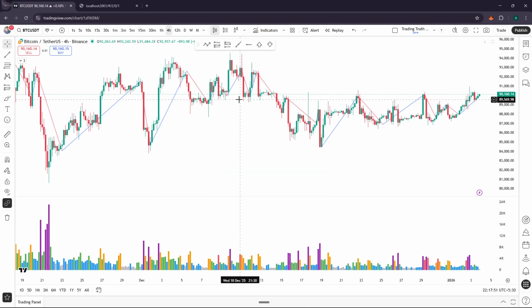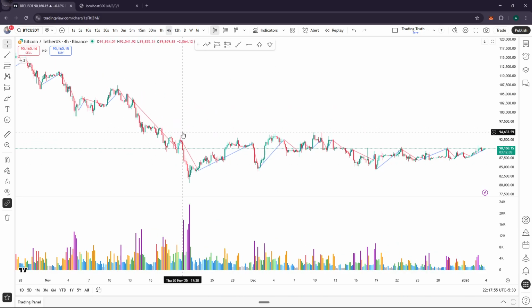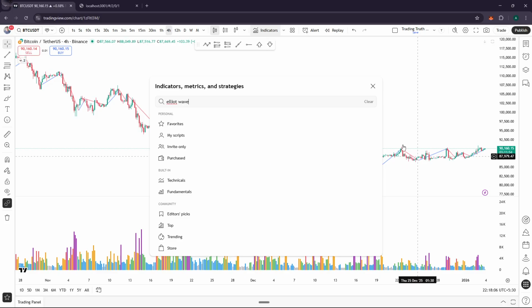For instance, on the 4 hour chart as well, we can look into it. See, 1, 2, 3, 4, 5, A, B, C, and then again it's going down. And there is a really good tool to analyze this, which is Elliott Wave Lux Algo.